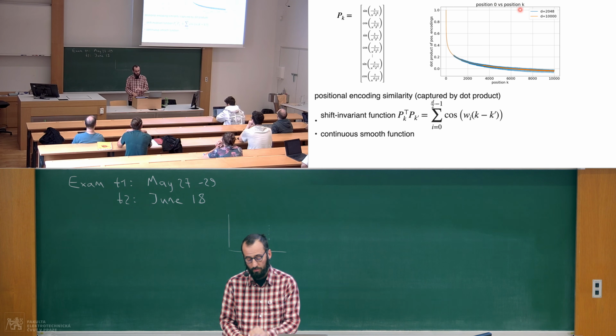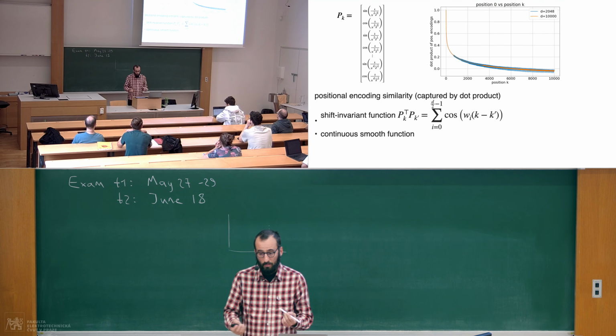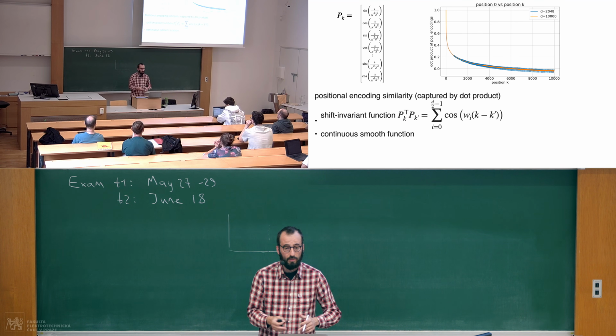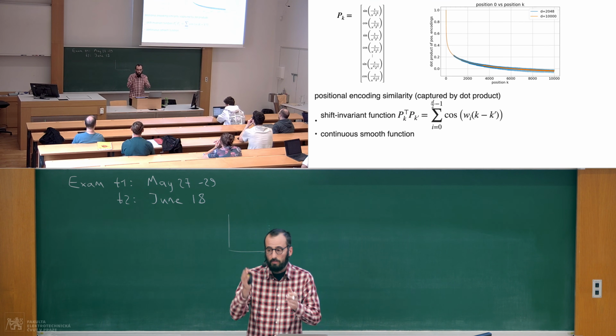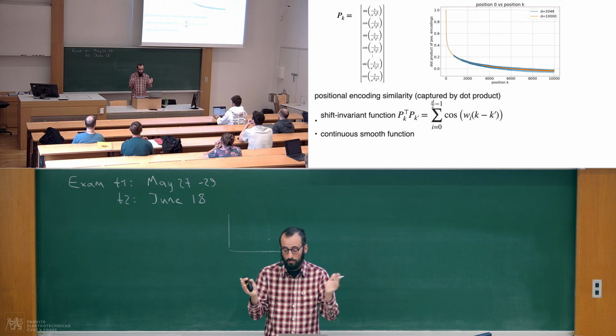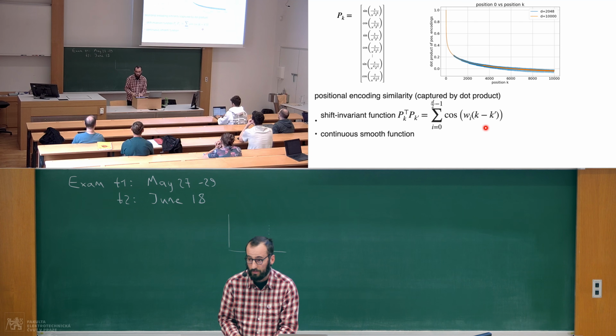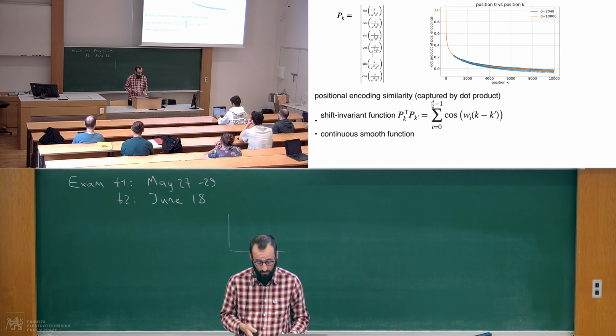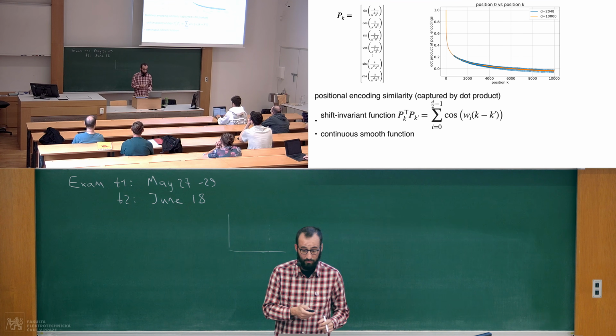So this is position 0 versus position k. But actually, if you do the dot product, you will see that this is a shift invariant, a stationary kernel. It doesn't depend on where the exact positions are, but only on their difference. So that's a bit more intuition behind why this should be able to capture relative positions.